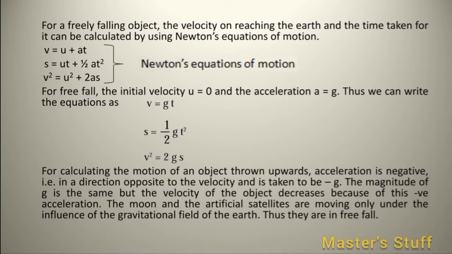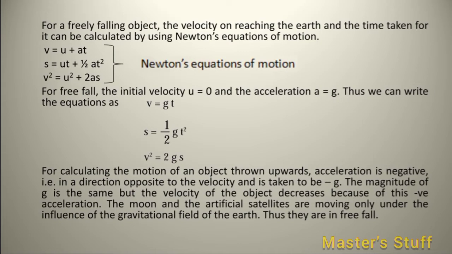Now, for calculating the motion of an object thrown upwards, the acceleration is negative. That is, it is in opposite direction of gravitational force. Therefore, acceleration is taken as minus g.